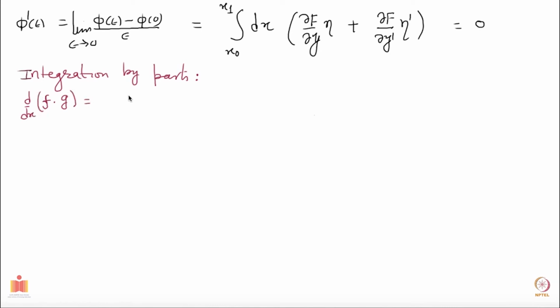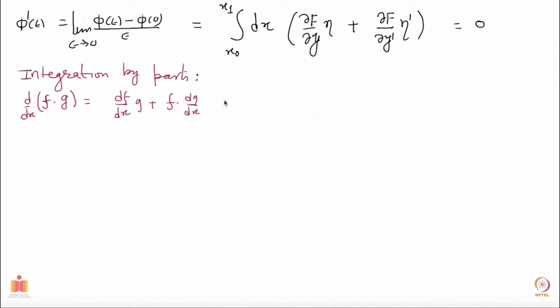Then this is, as you remember, d(fg)/dx = (df/dx) g + f (dg/dx).